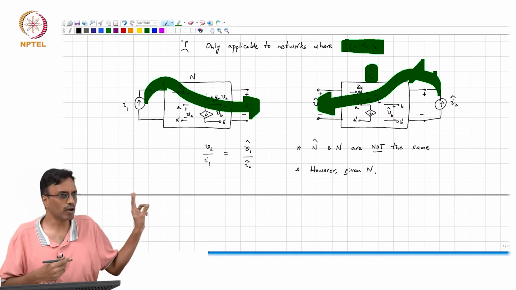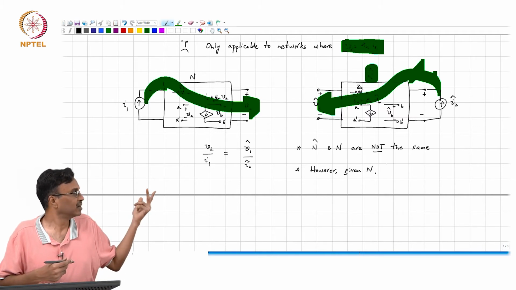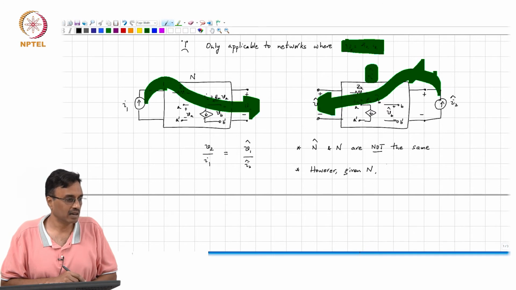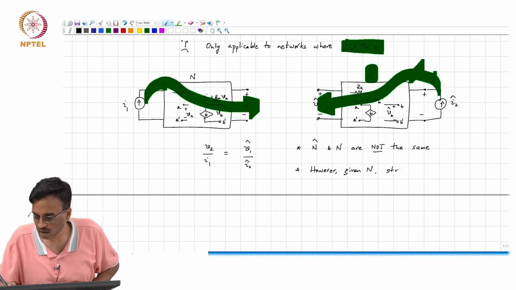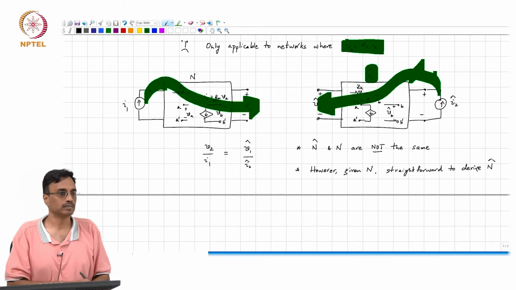It is just a matter of flipping the controlled and controlling ports in N to arrive at N hat. Is that clear, people?